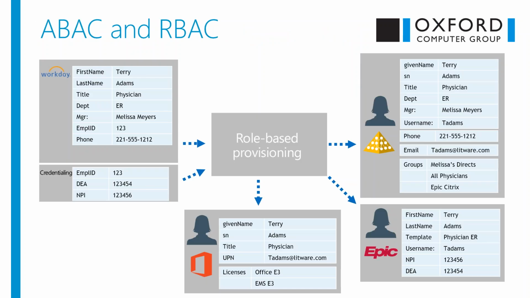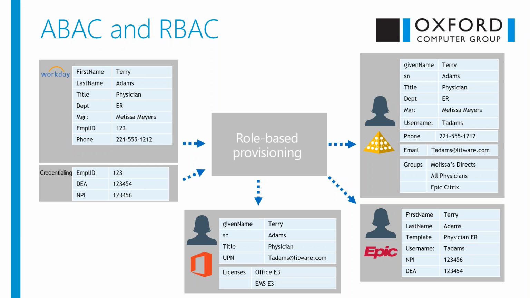So just to set a foundational premise here, this is a common scenario that we see. This may be more healthcare-centric, but it applies across industries. On the left, we have a record of Workday and a credentialing record.